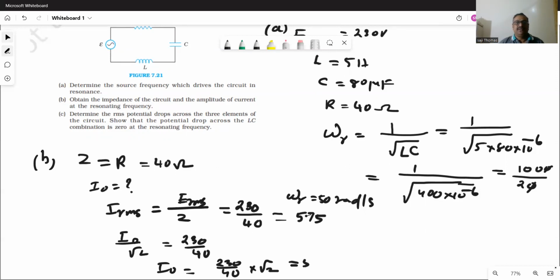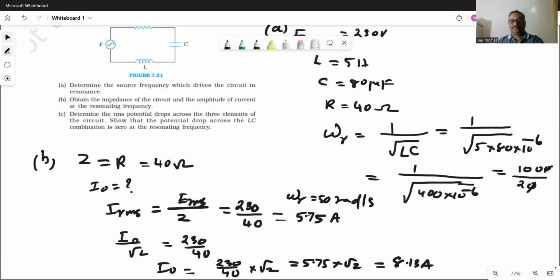I0 will be 5.75 into root 2, that will be 8.13 ampere. So current amplitude means maximum value of current, peak value of current.